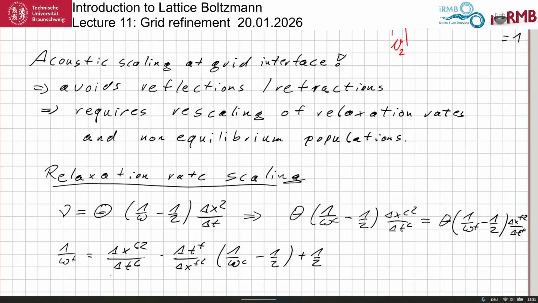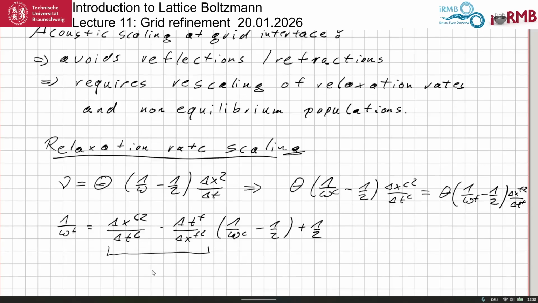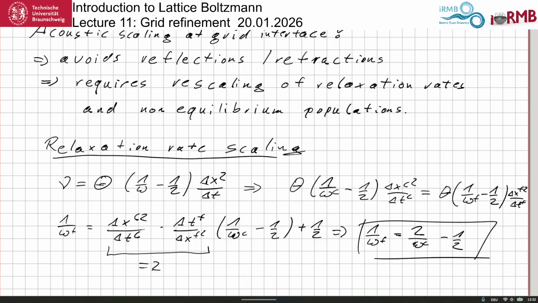And because we always go in steps of 2, this actually evaluates to 2, and so we can write the transformation: 1 over omega fine is 2 over omega coarse minus 1/2. So this is the way you have to translate them.